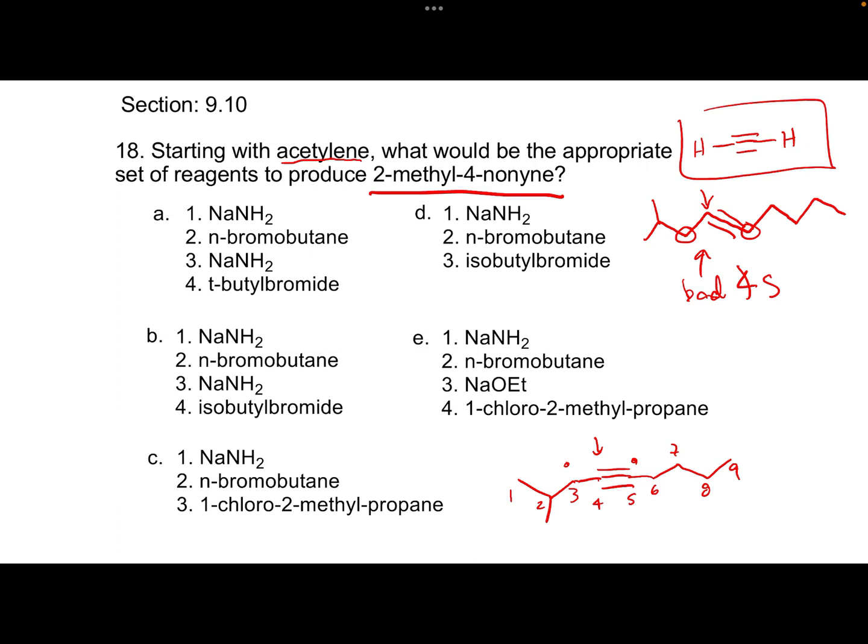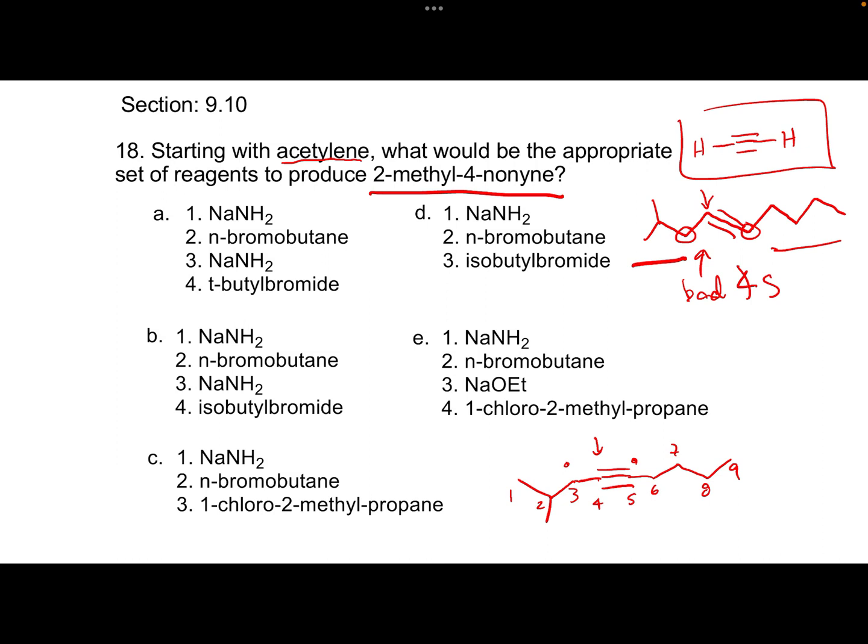Mechanistically, this was something that you already knew how to do. We just hadn't looked at using our anions this way. So your book is calling it the alkylation of terminal alkynes, because ultimately we're adding on alkyl chains on either side of the triple bond.